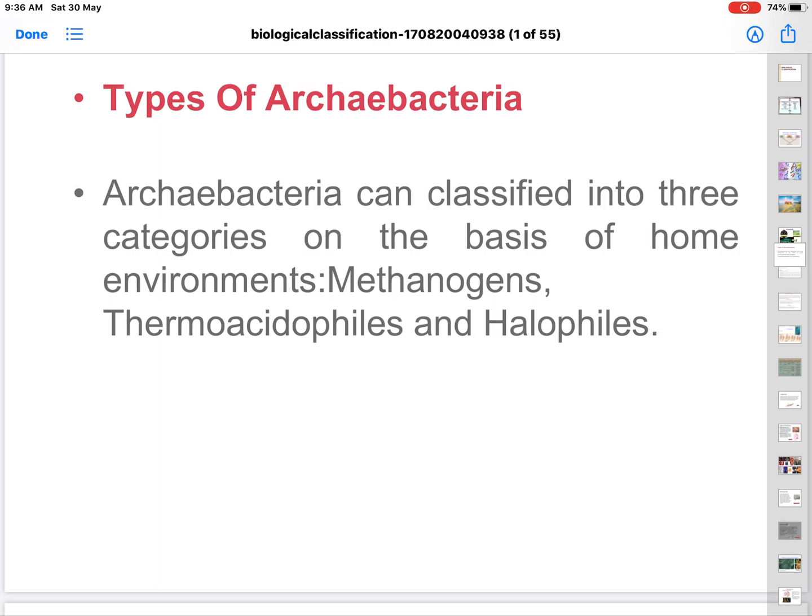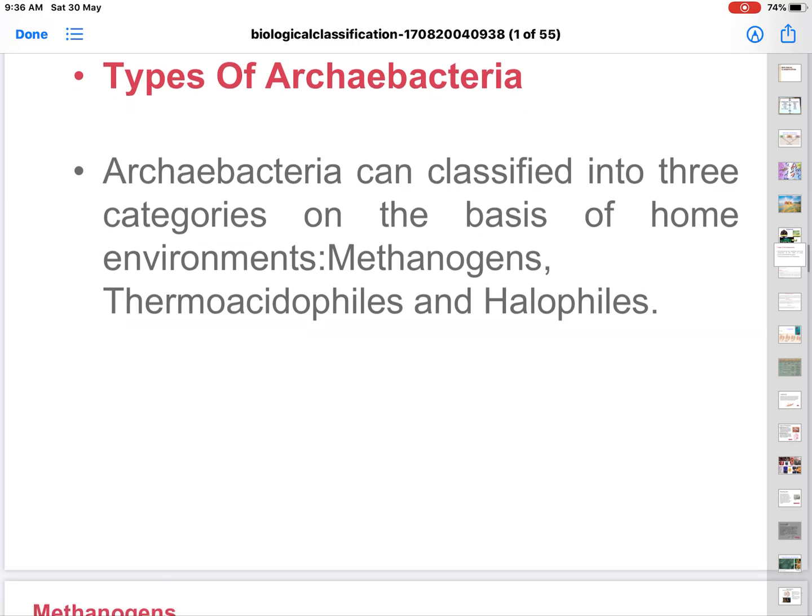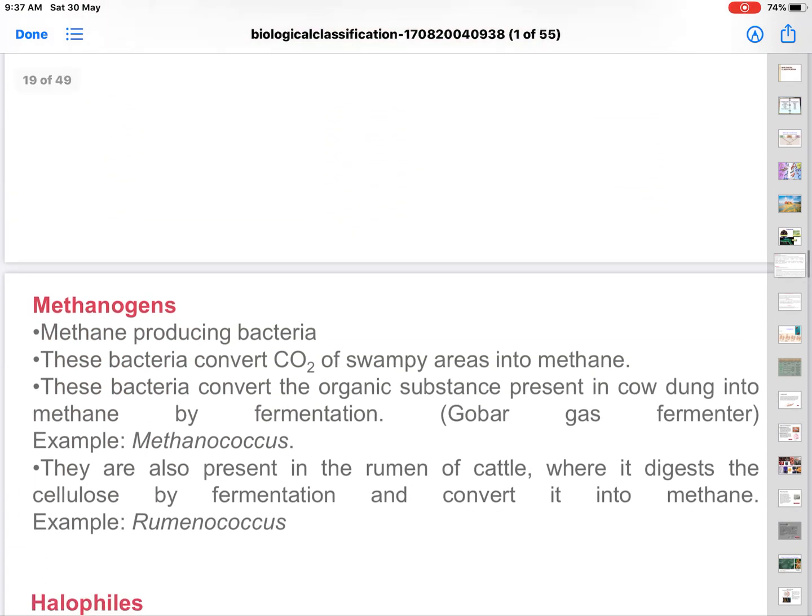Prokaryotes, I said, karyon means nucleus, pro means primitive. So these bacteria have a very primitive nucleus, hence prokaryotes. These are of 3 types. The first one is methanogens, the second one halophiles, and the third one thermoacetophiles. What are methanogens?